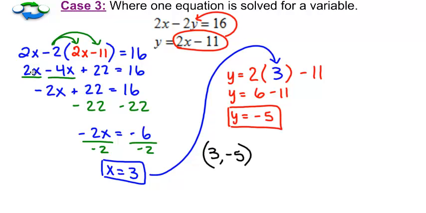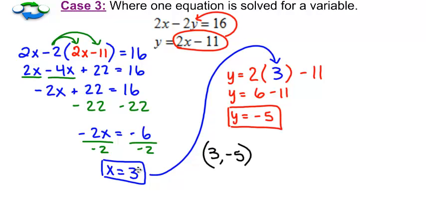Our next step is to combine like terms, so we have 2x and negative 4x, which makes negative 2x. So we have negative 2x plus 22 equals 16. Our next step is to subtract 22 from each side. That leaves us with negative 2x equals negative 6. You divide by negative 2, and we get our answer for x of x equals 3.